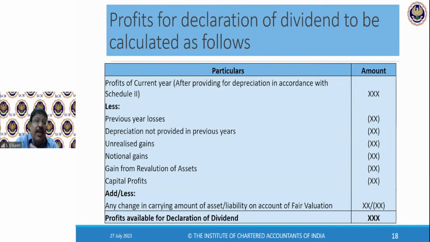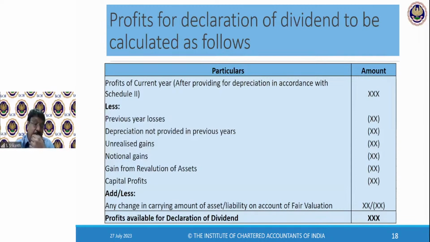See, suppose there is any profit you are showing in the P&L account on account of fair valuation, you will reduce it. Similarly, if there is any loss you are showing in the P&L account on account of fair valuation, meaning Ind AS provisions want you to do fair valuation, especially for operating leases or when you are recognizing certain assets in the books, you might have to do a fair valuation again.